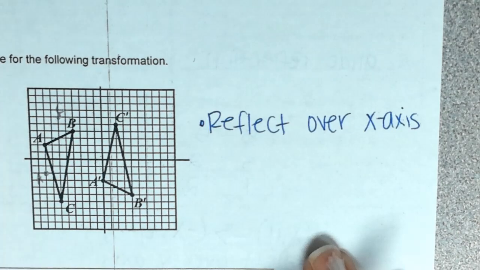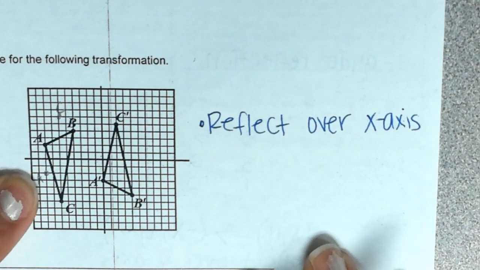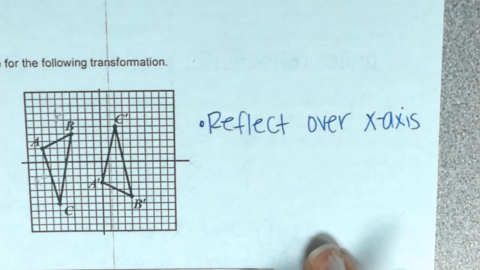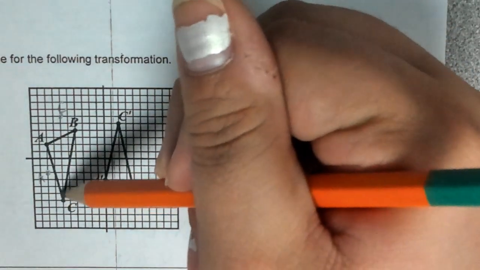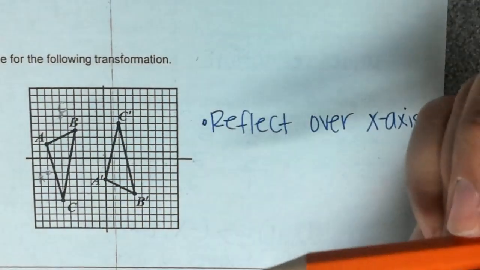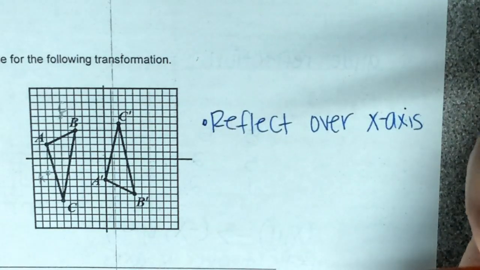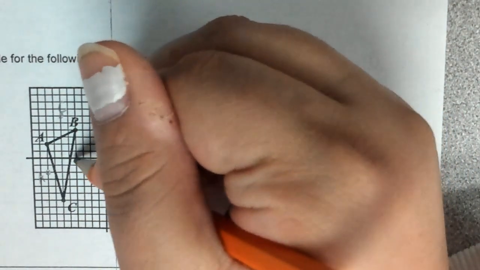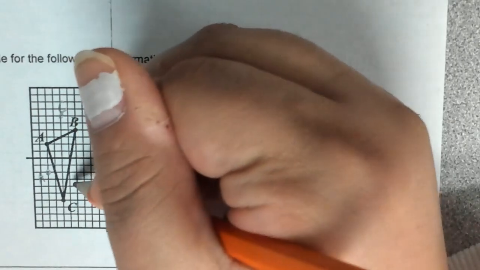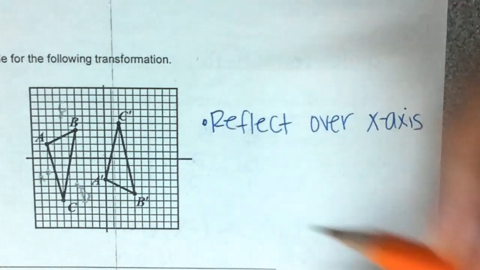A goes down 2 to get to the x-axis, so then I'm going to go down 2 more. C goes up 6 to get to the x-axis, so I'm going to go up 6 more. And then B goes down 1, 2, 3, 4, so I'm going to go down 4 more.